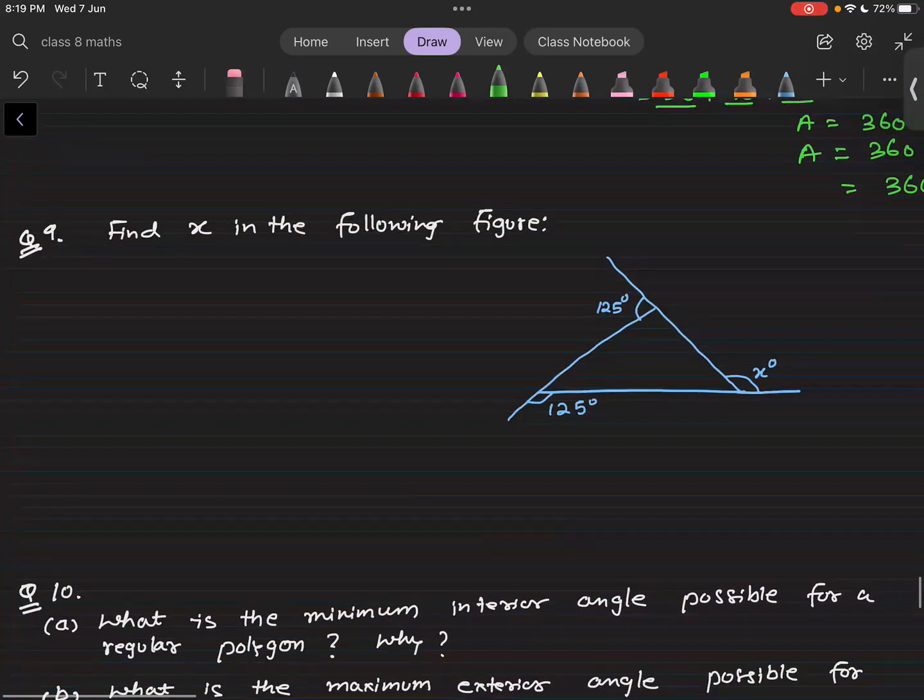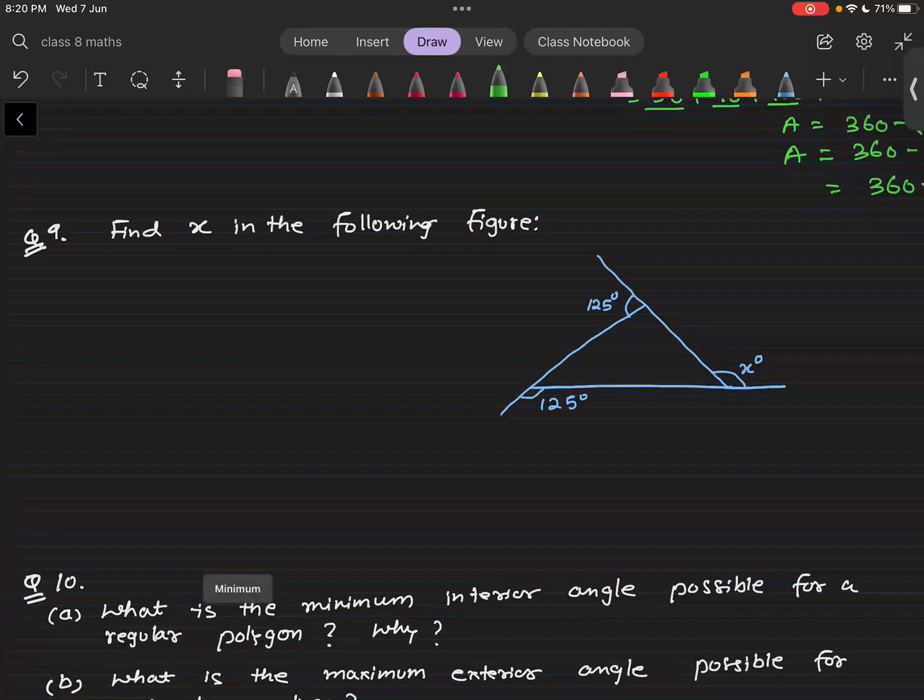Now find X in the following figure here. Sir, can you give us some tips on how to solve it?